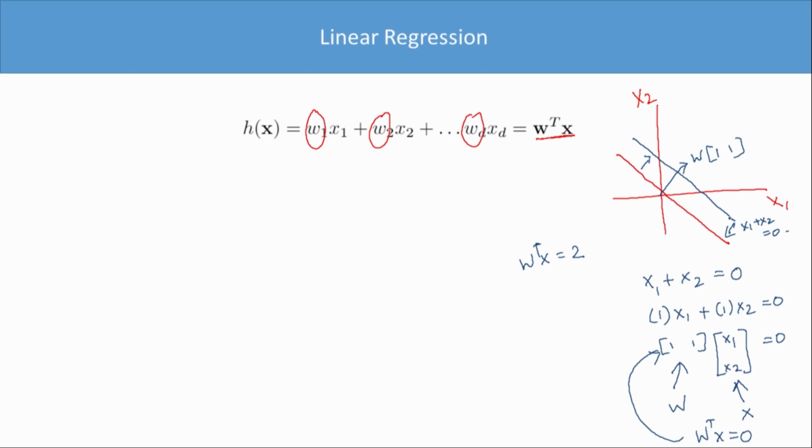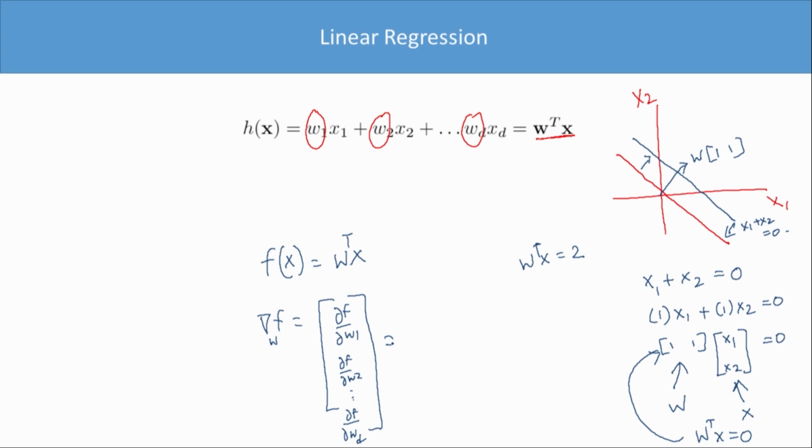The other thing we might need later on is, if a function f of x is W transpose X, what can you say about the vector of partial derivatives of this function with respect to coordinates of W? So basically what I'm asking is, this is dou f by dou W1, dou f by dou W2, and so on, dou f by dou Wd.